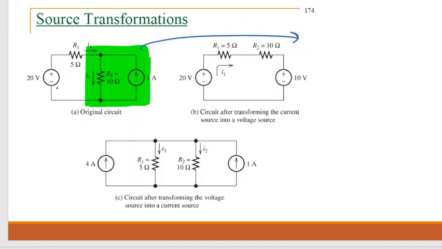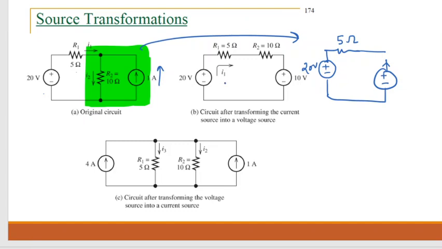The rest of the diagram is the same; we didn't touch the 20 volt and 5 ohm. It will always be the same. So we mark it as 20 volt and 5 ohm. Now as you can see, the current is moving upward, so we'll mark the voltage sign so that the current moves upward.